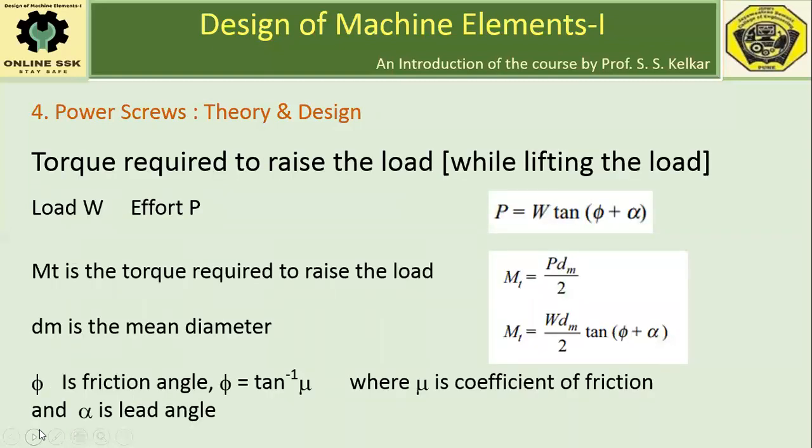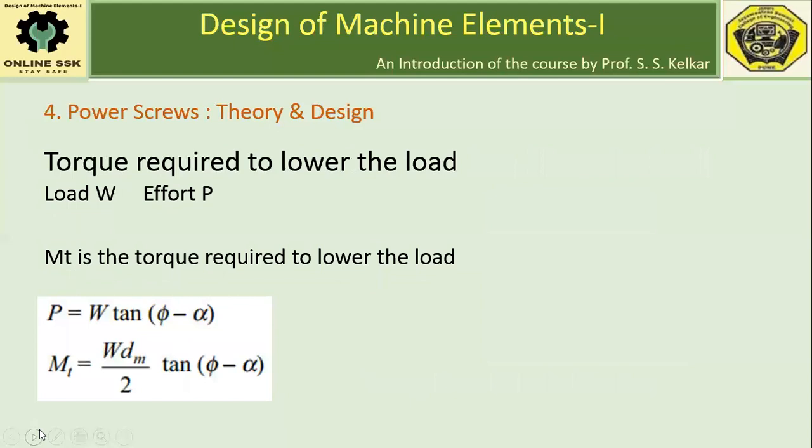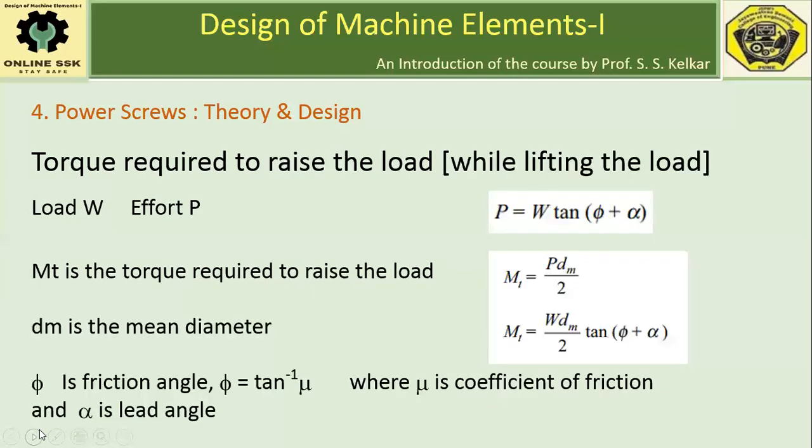Now let us discuss something regarding torque required to raise the load using power screw application. Mainly power screw applications are used for lifting the loads, raising the loads or lowering the loads, or exerting the force, sustaining the force. So while raising or lifting the load, what amount of force is necessary, what amount of torque is necessary, that let us now discuss.